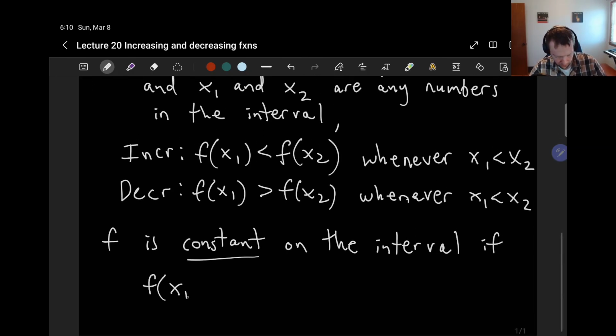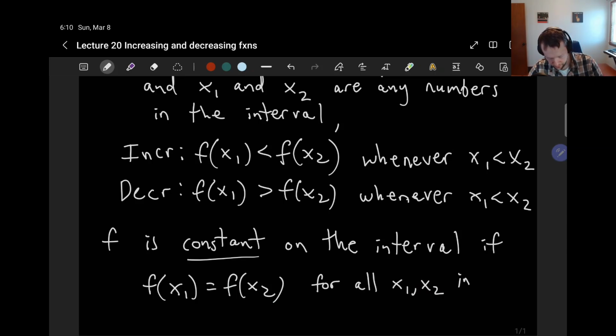Means there's no change. And this will be for all x1 and x2 which are in the interval. In that case, it doesn't matter which one of those two numbers is bigger because the y values will be the same.